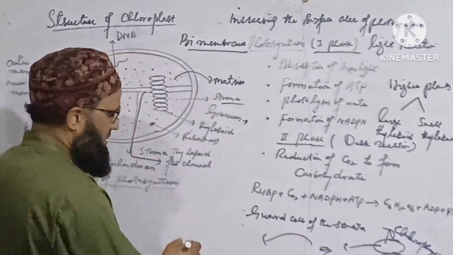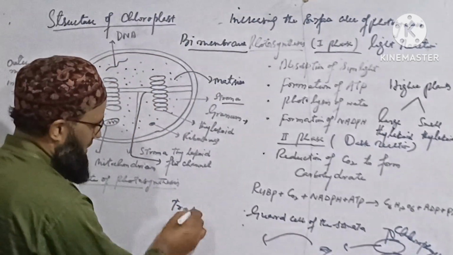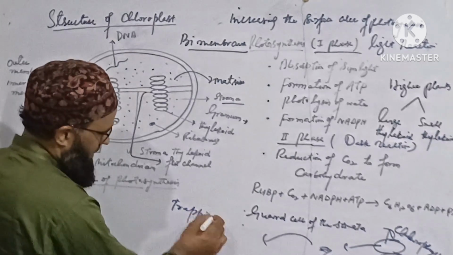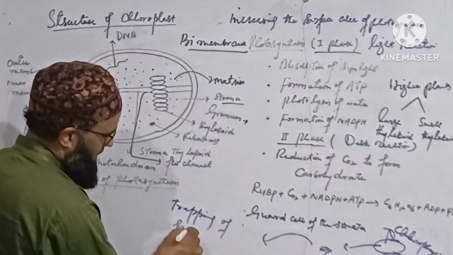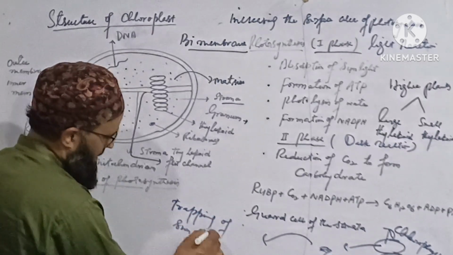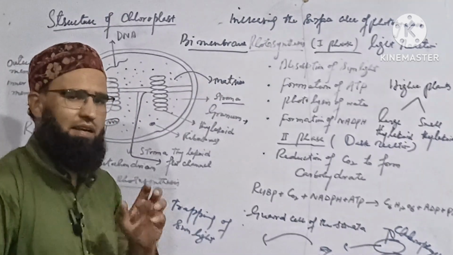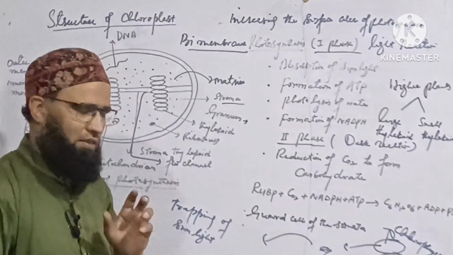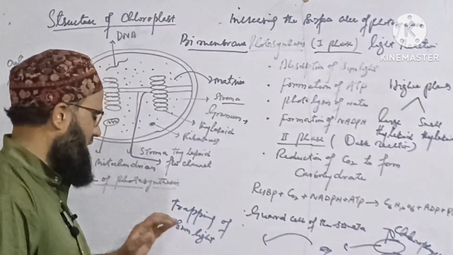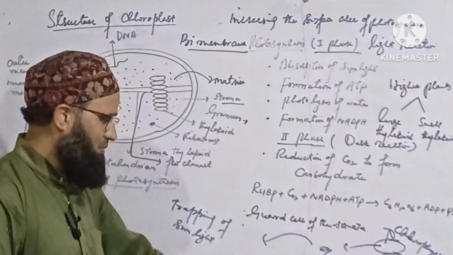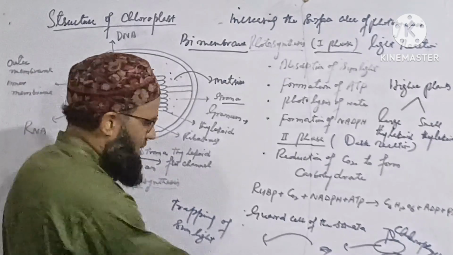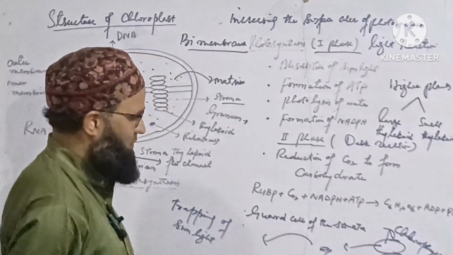These accessory pigments help in the trapping of sunlight. So dear students, first of all, sunlight is trapped. That trapping of sunlight takes place by these accessory pigments such as carotenoid and xanthophyll.